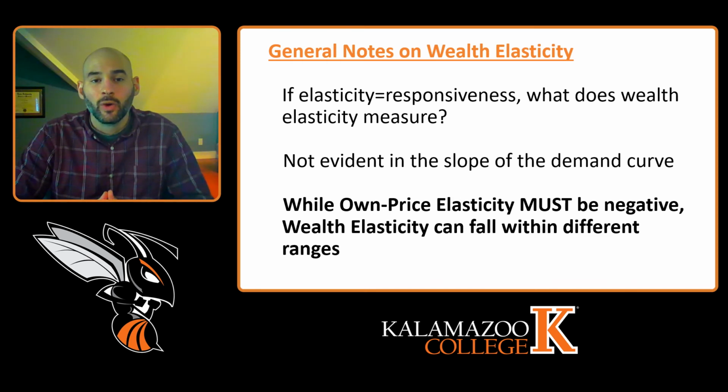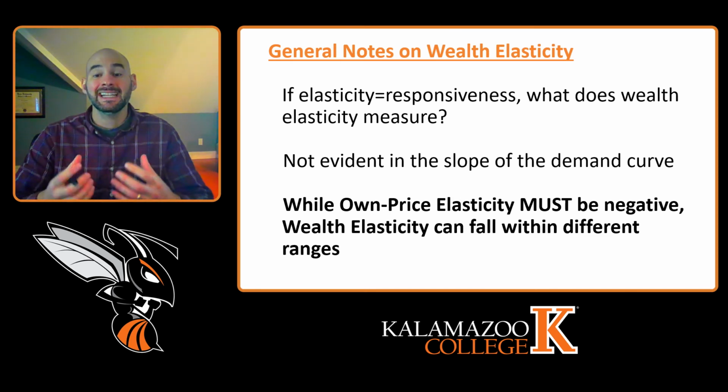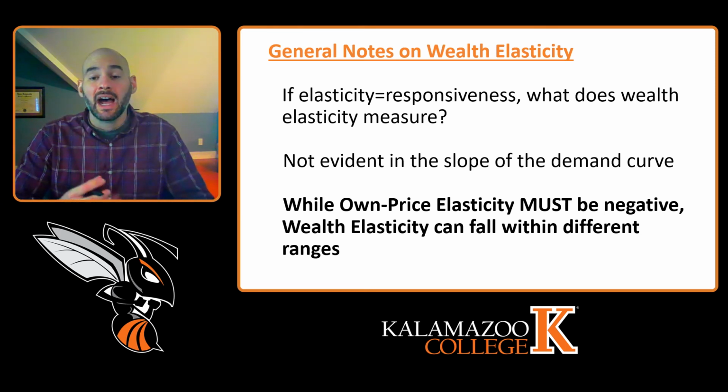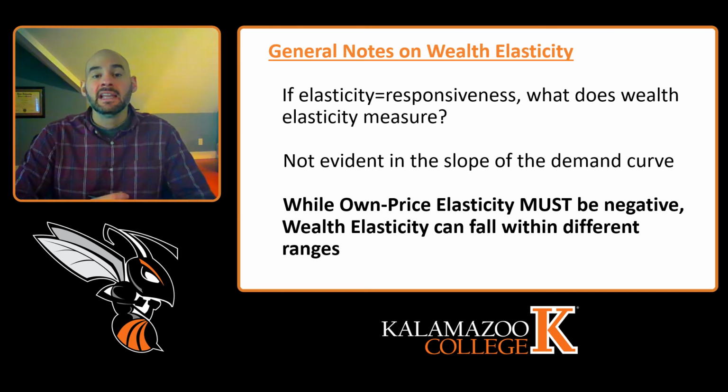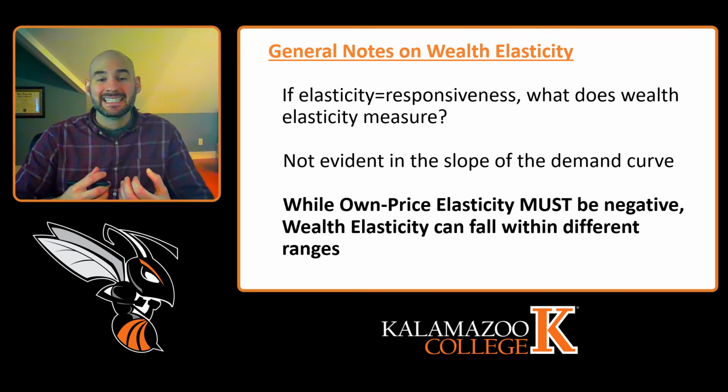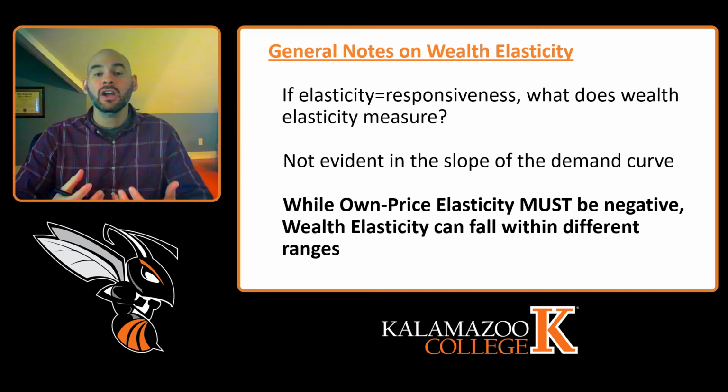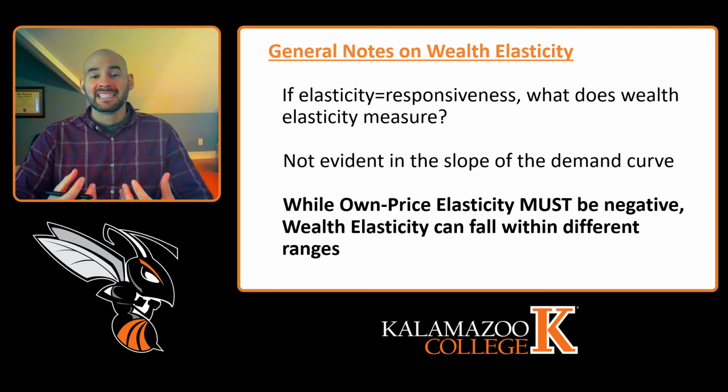Now, the last point that I want to make about elasticity in general before returning to it more in detail next week, is that if elasticity just means responsiveness, and we've already measured or illustrated what price elasticity looks like, what does wealth elasticity measure? So when we think of the wealth elasticity of demand, it means how responsive is the quantity demanded of a particular good to the wealth or income of the individual buying that good.